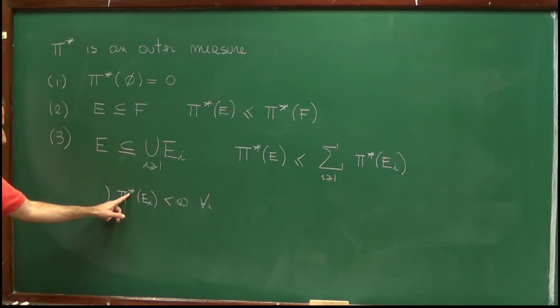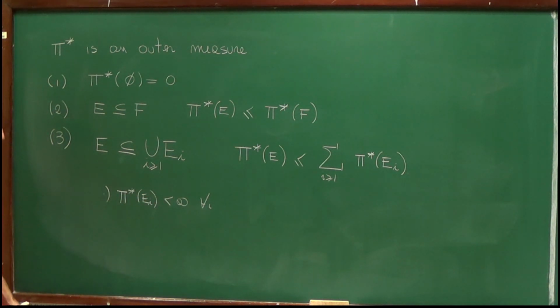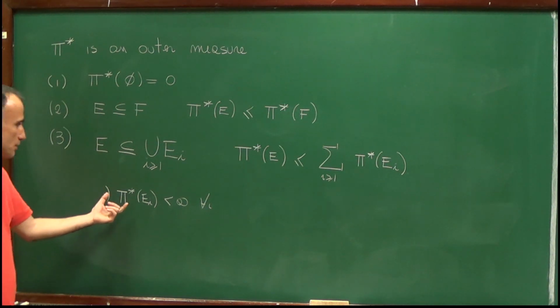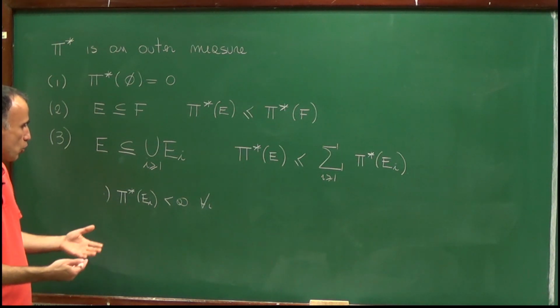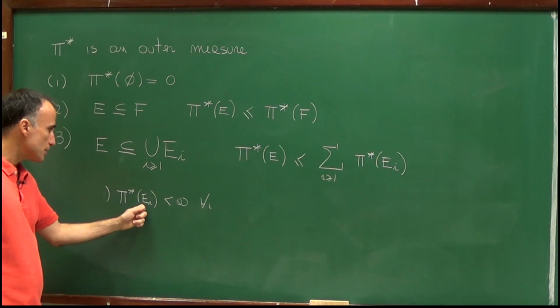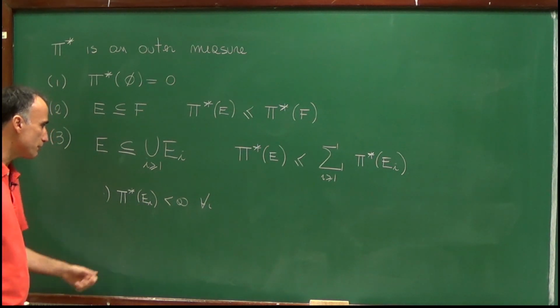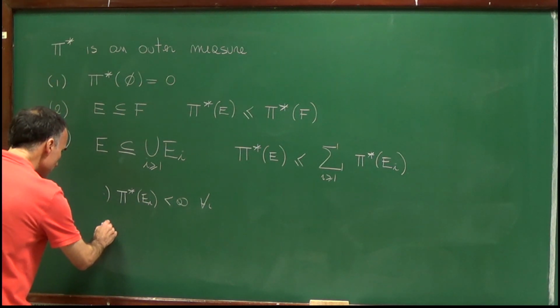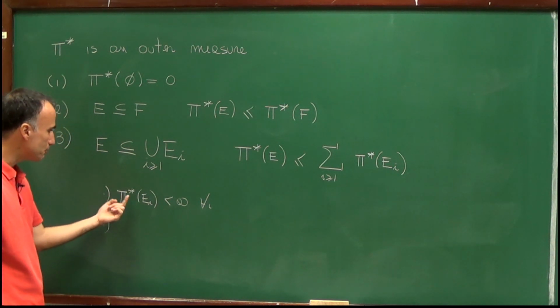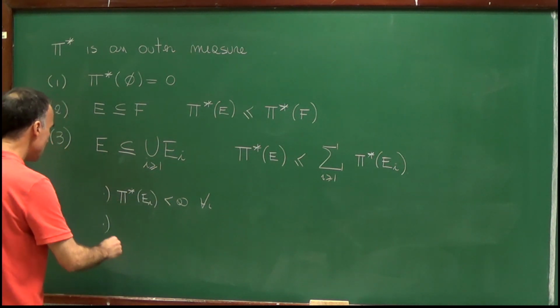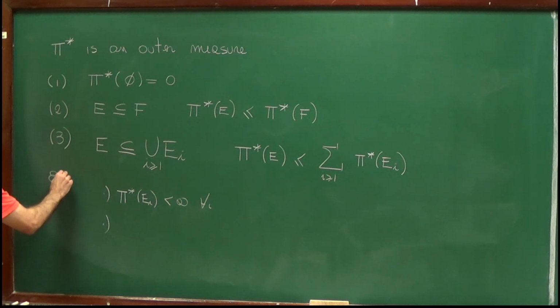Well, if P star of E_i is finite, by definition of P star, we can find a covering which is almost equal to P star of E_i. Let me make it more precise. So let's assume that P star of E_i is finite. Let's fix some epsilon positive.